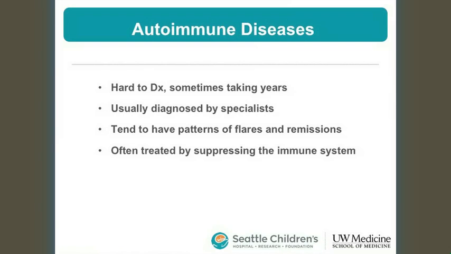These diseases are usually diagnosed by specialists, but unfortunately, in the United States, they've become the domain of naturopaths and other alternative providers who really do not have the knowledge base to make these diagnoses, which are very, very complicated.